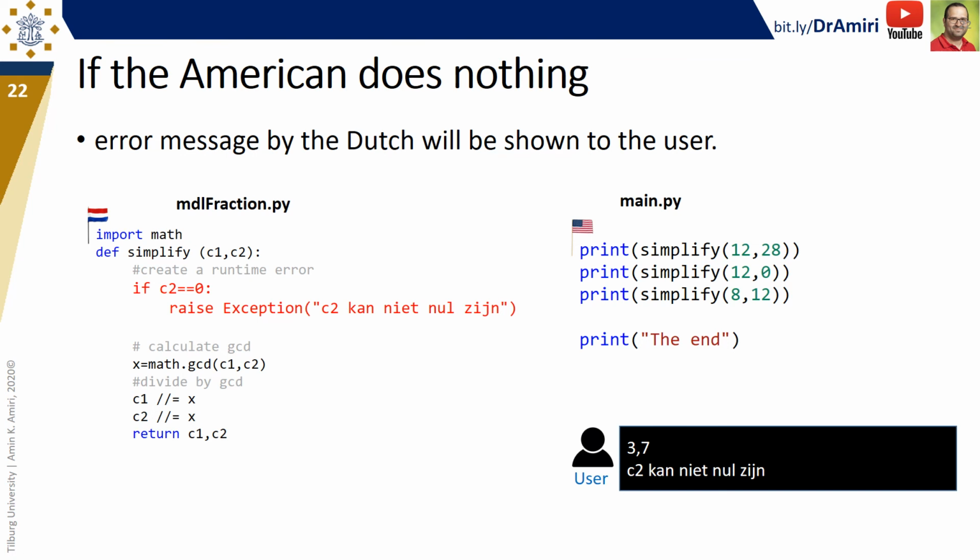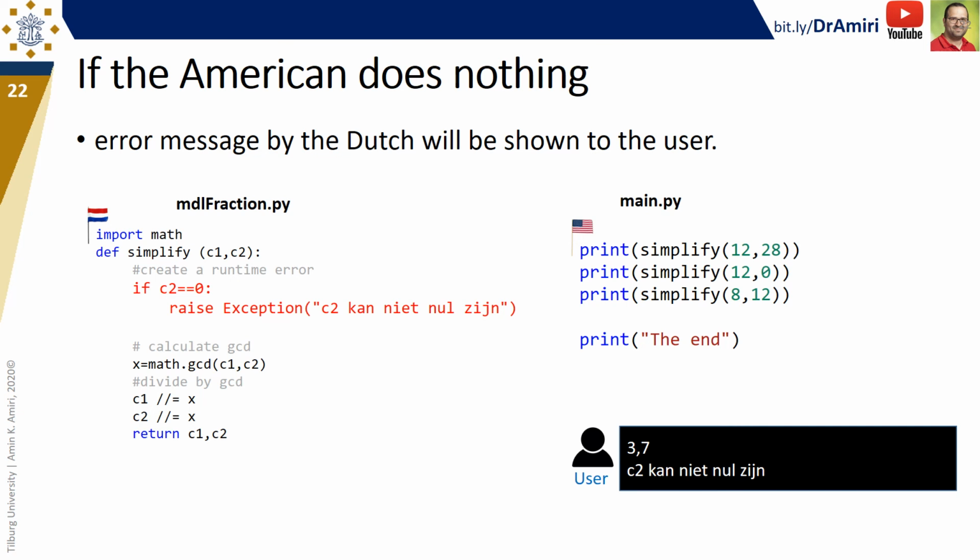The first line is going to provide 3 and 7, and it's going to be printed. The next line will create a runtime error, and a Dutch sentence is shown to the American user, who has no idea, who doesn't speak Dutch at all.